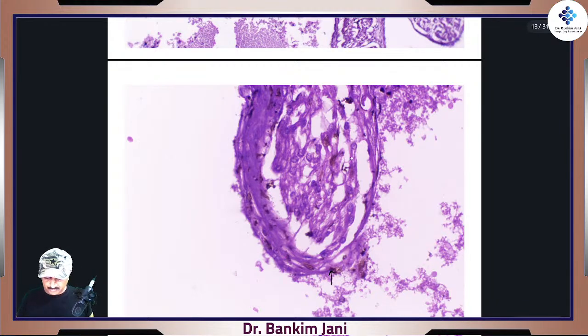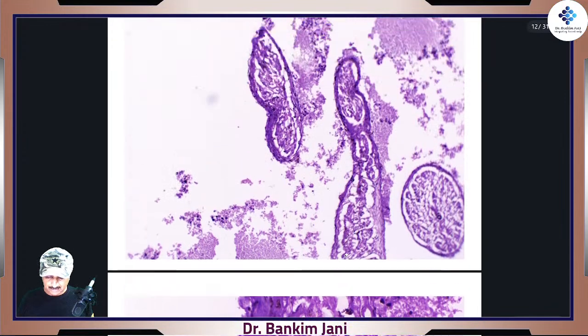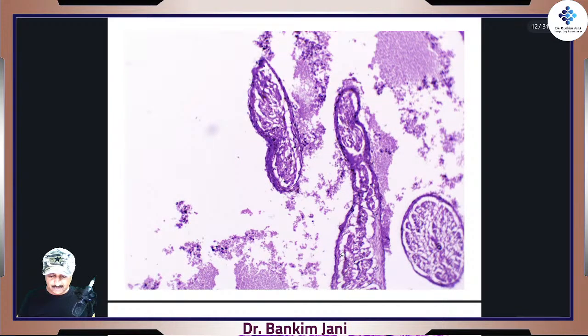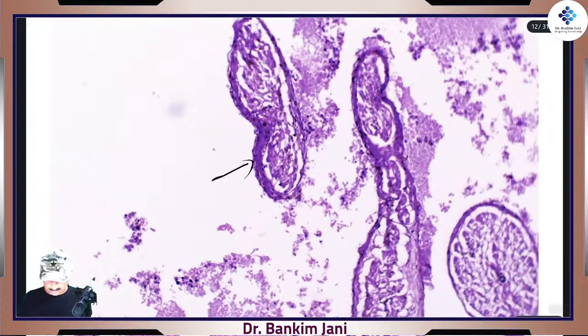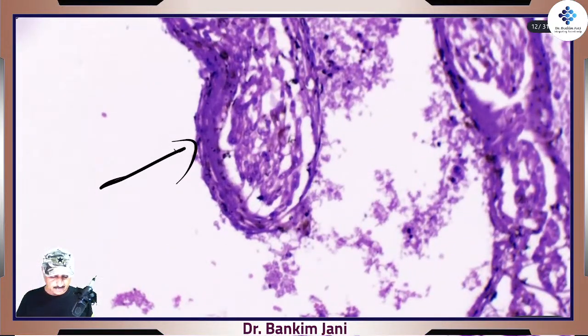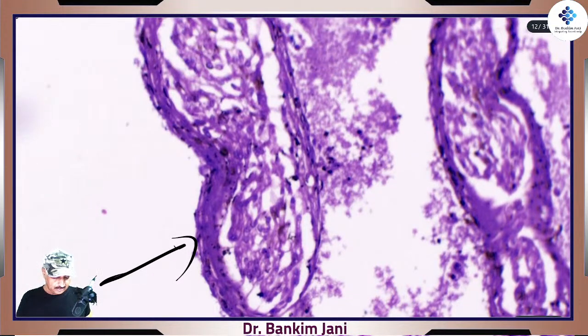Now when we unzoom it and go back, you will find that yes, these are the areas where they look like that. See over here, all those black flat structures, and let me zoom this. See all these black flat structures, they are squamous cells.